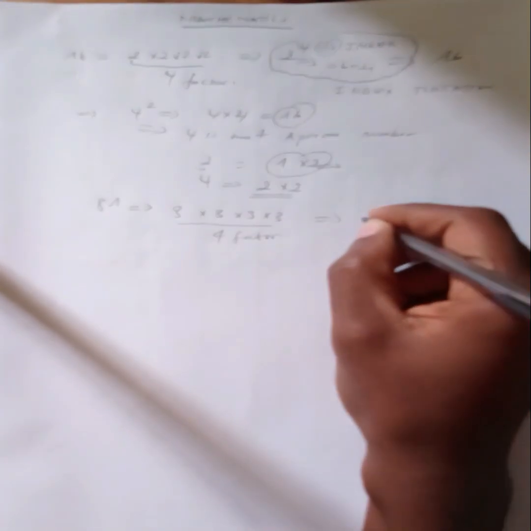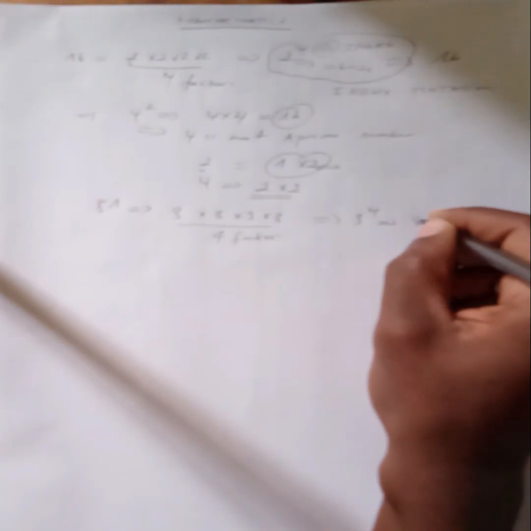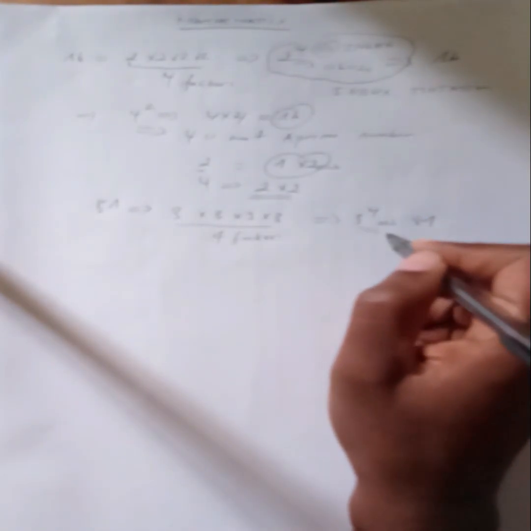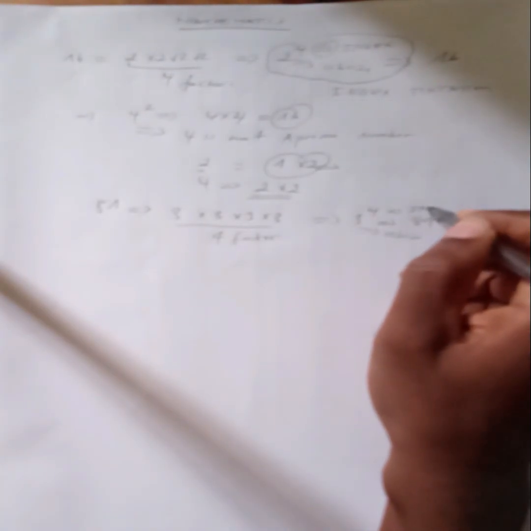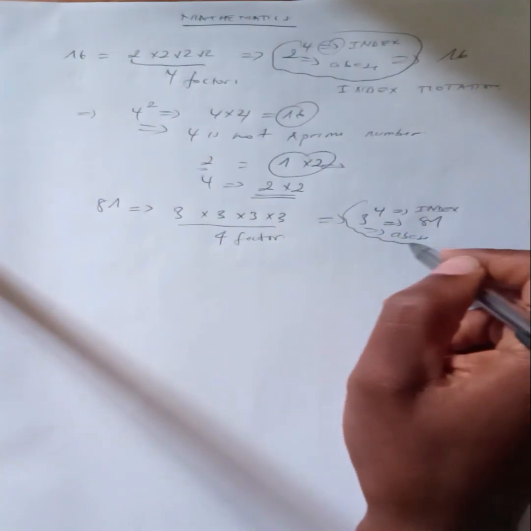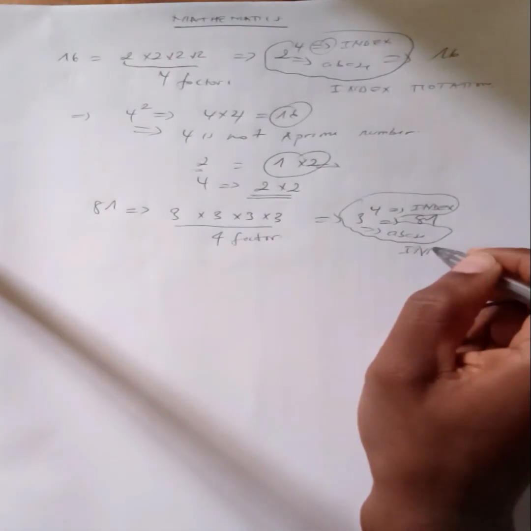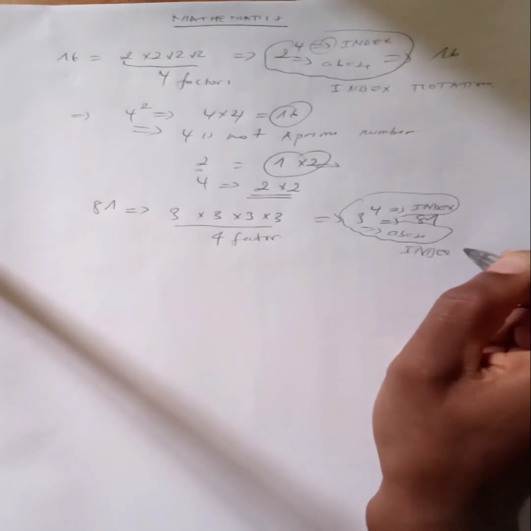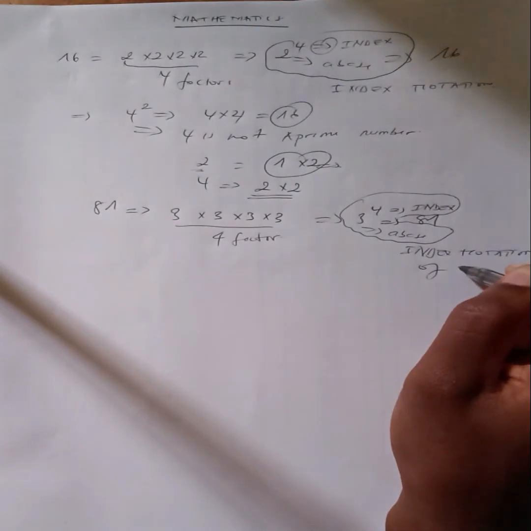So this gives 3 power 4, which is equal to 81. This is the base, and this is our index. So this is also the index notation of 81.